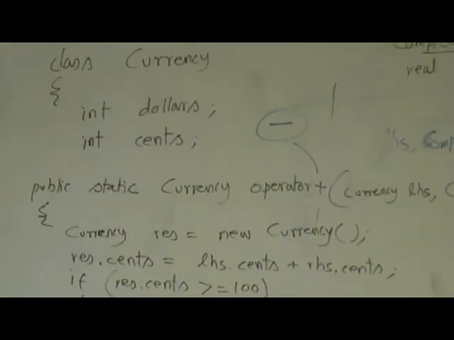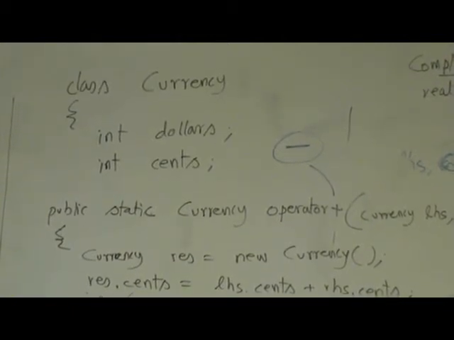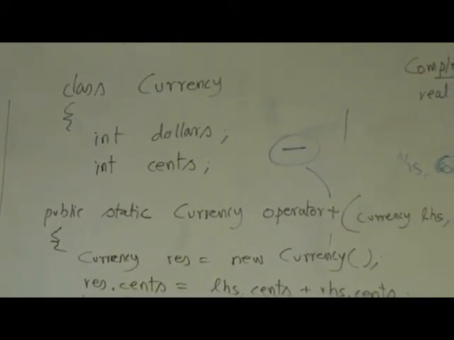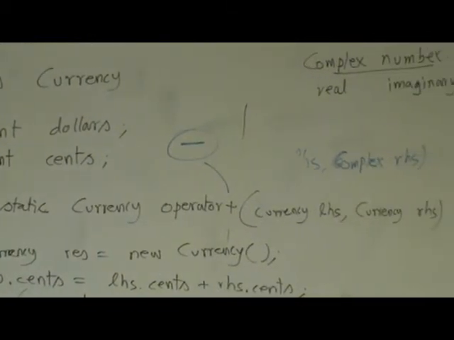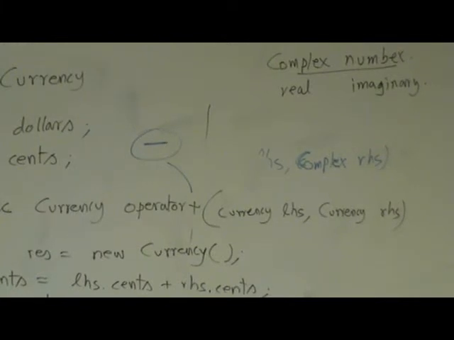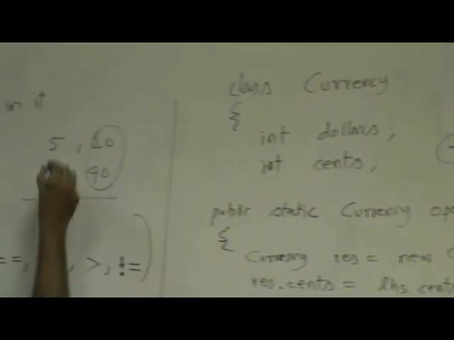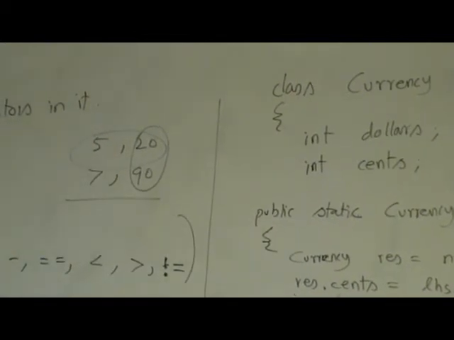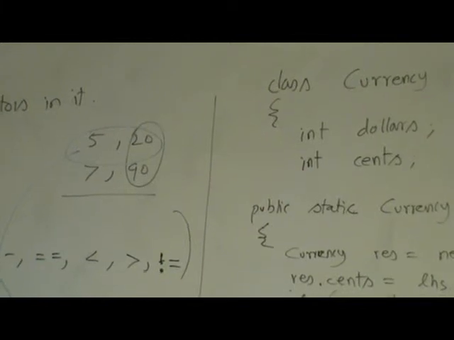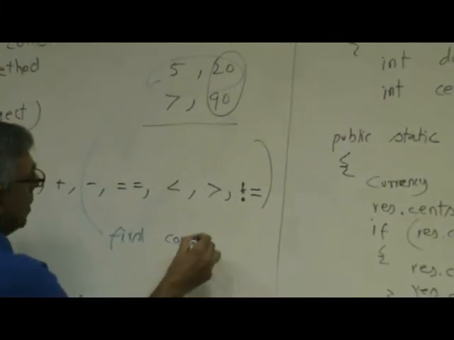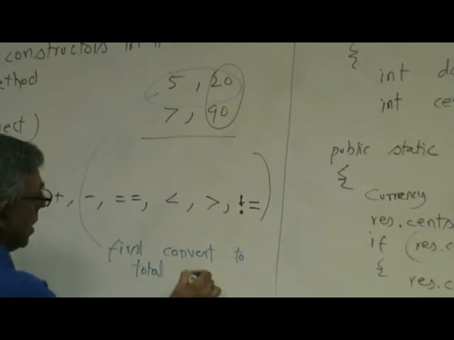So subtracting currencies is not that easy, okay? Next lecture I can give you a few more hints, but today let me give you a hint. Easy way to subtract currencies will be, first, if somebody gave you $5.20 as an example, first convert to total cents.